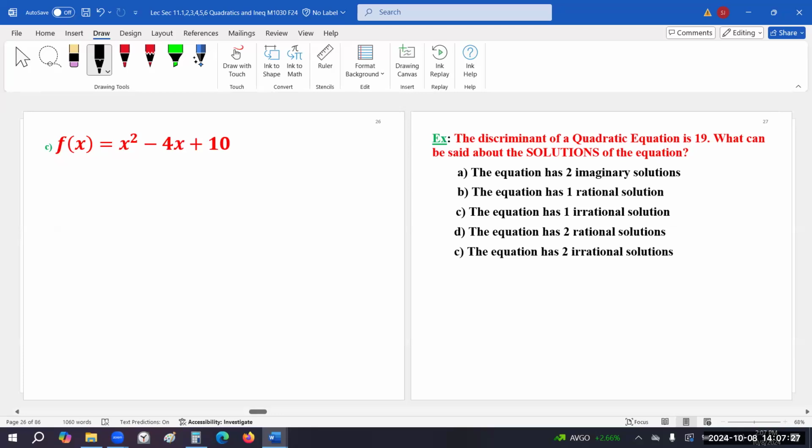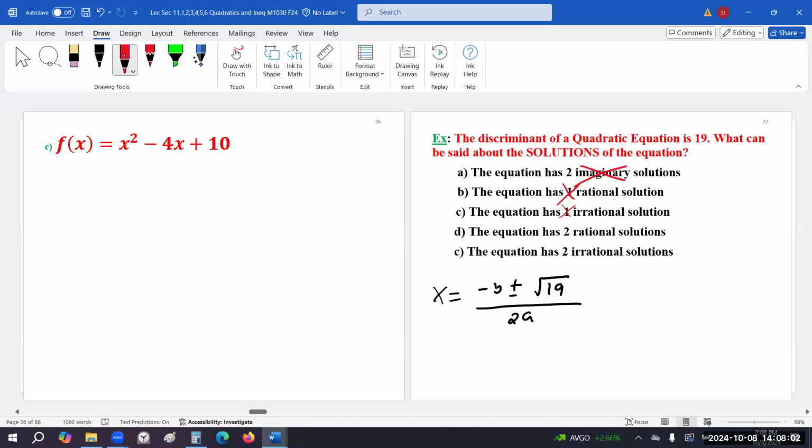So the discriminant is 19. That means our solution is x equals negative b plus minus square root of 19 over 2a. So how many solutions do we have? 2. Definitely 2. Are they real or imaginary? Real. That means this is definitely not the choice. But we still have 4 more choices left. Definitely not 1. So you have 2 choices left. Either it's two rational or two irrational.